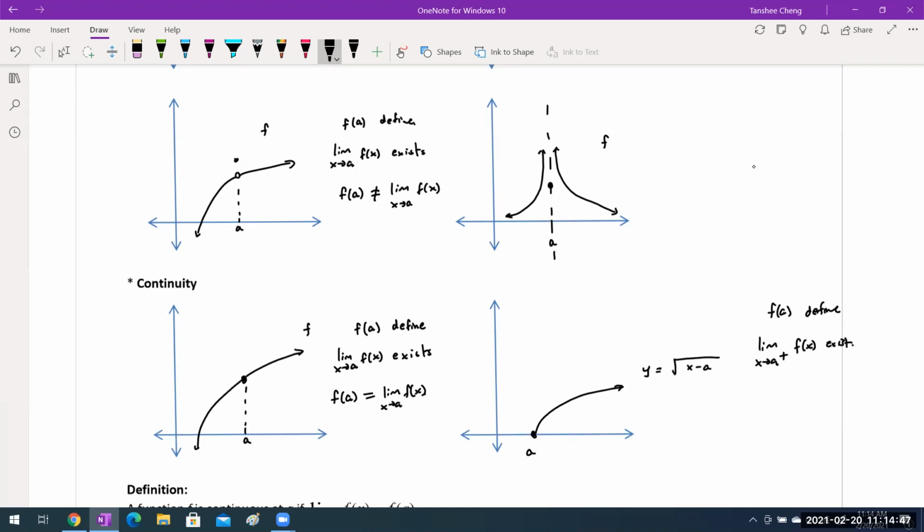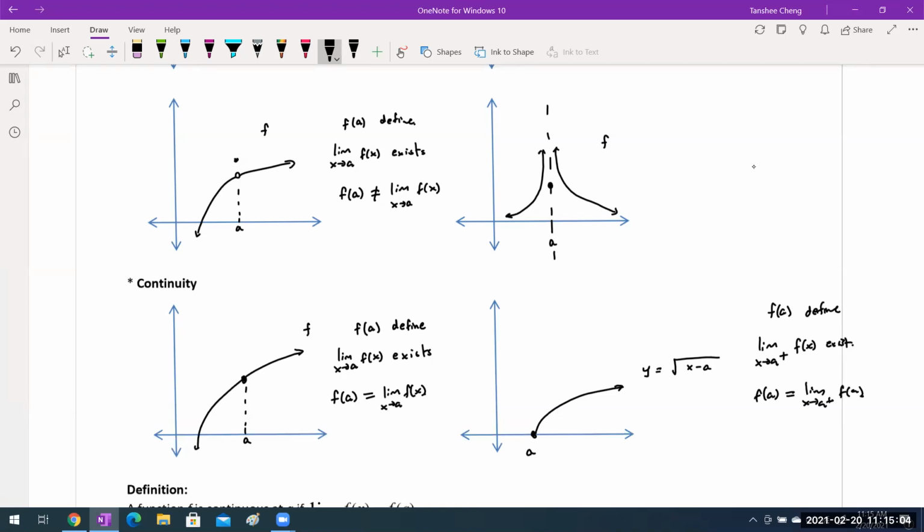So sometimes continuity is only from one side. We're going to talk about more details in these kinds of cases. And then you can see that f(a) is equal to the limit as x approaches a from the positive side of f(x).